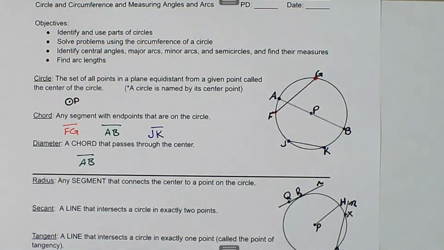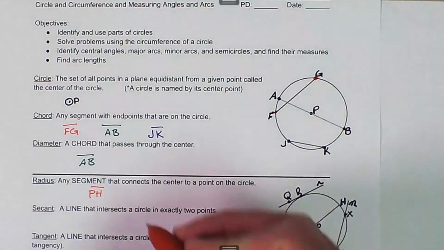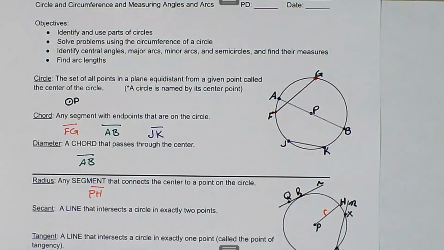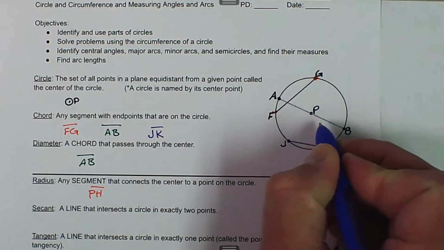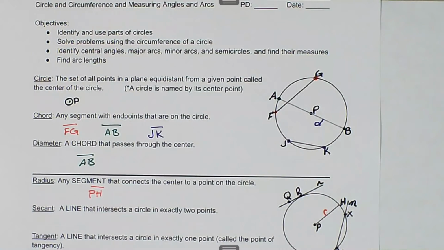In this case, we only have one radius. That is going to be PH. And when we're talking about radius, usually we represent that with a lowercase r. Similarly, when we're talking about diameter, we usually use a lowercase d.